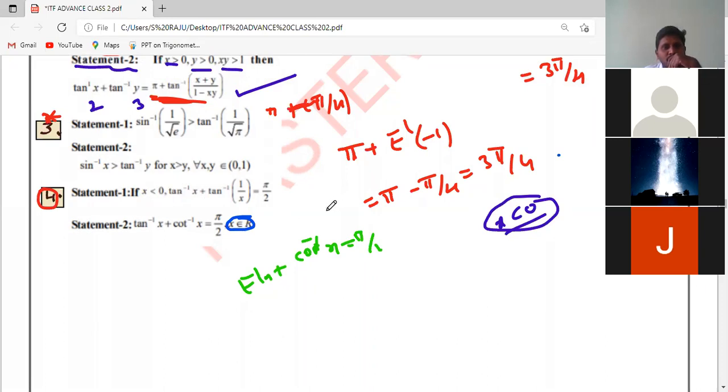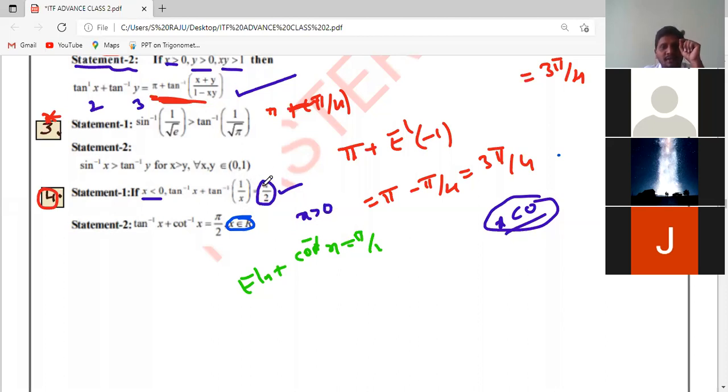So in that case it is false. But if you want to check only negative values, it is true. For only x lesser than 0, this condition is correct. For x greater than 0, it may or may not be correct, in the sense it is wrong.